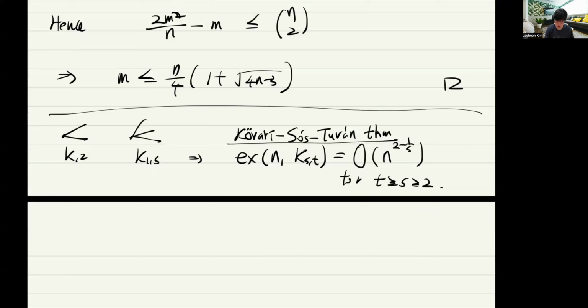So this is an upper bound. This big O notation means that this is at most some constant times the expression in here, where the constant may depend on t and F. And later we will also try to get some lower bound on this number.